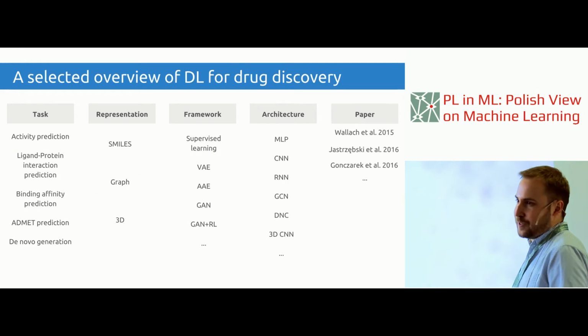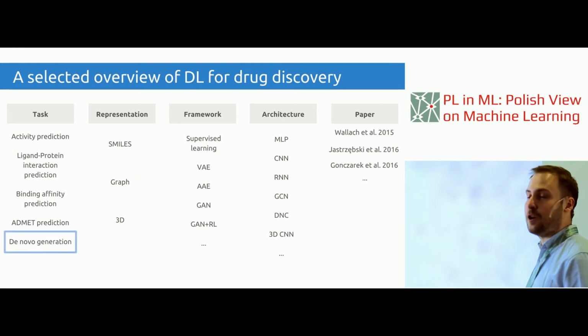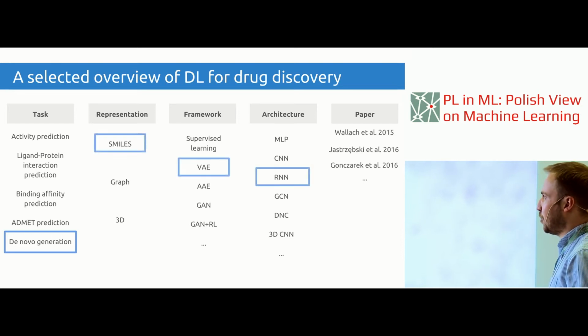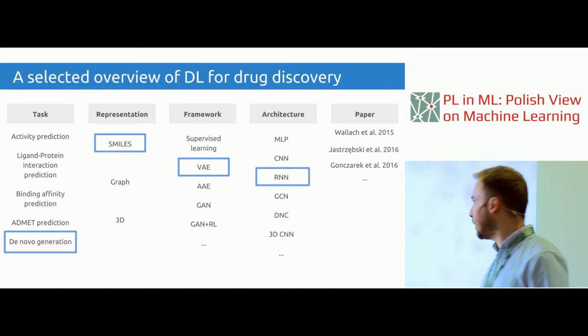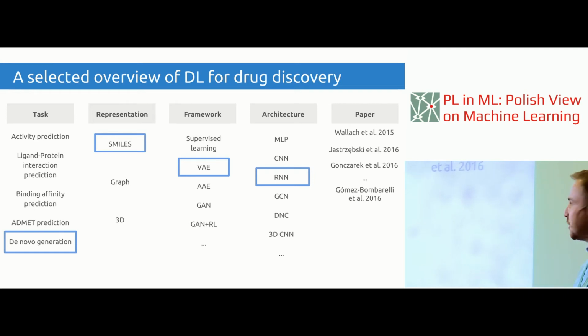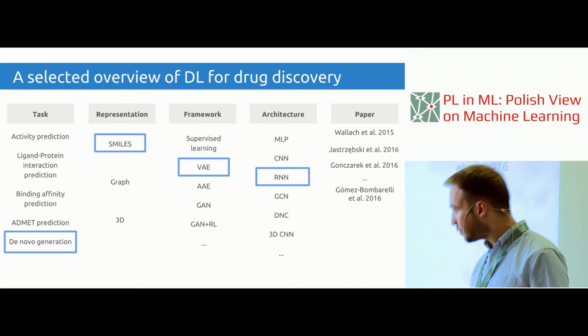And you can play a similar game for de novo generation, so for unsupervised learning. So for example, taking SMILES, variational autoencoder, and recurrent neural network, this is actually the very first paper on this topic by Gomez-Bombarelli from 2016.